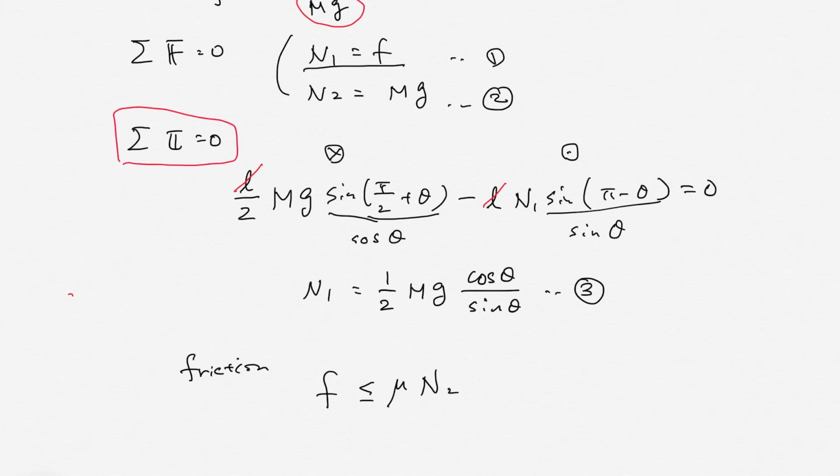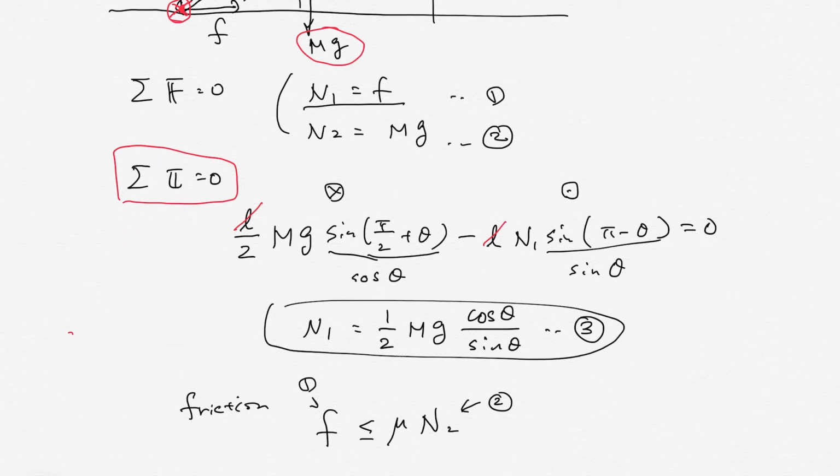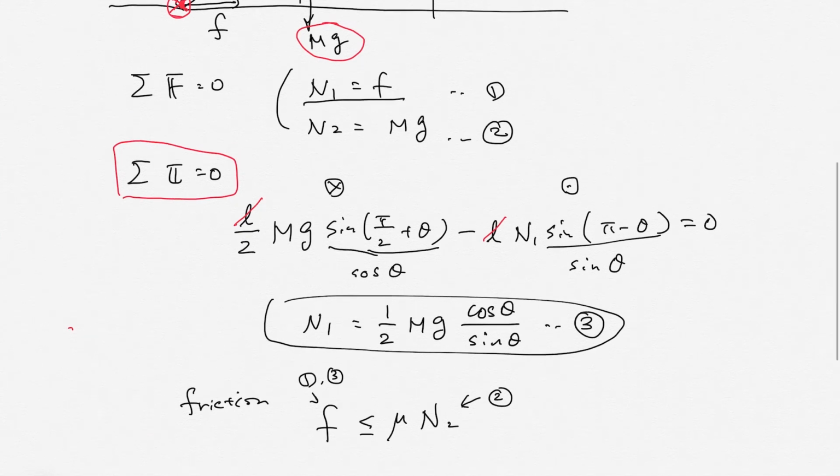This is the condition for the object not to move. Then for N sub 2, you can use equation 2. For F, you can use equation 1. For N sub 1, you can use equation 3. Then you can write down the equation.